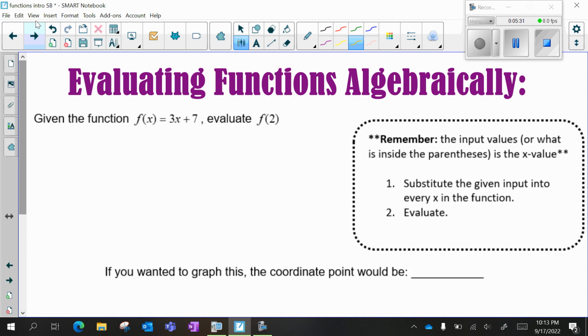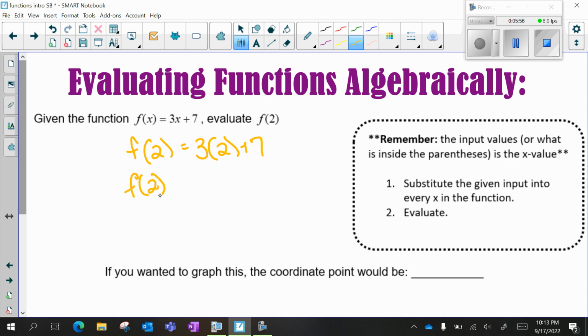So evaluating functions, we can evaluate functions multiple ways. Right now we're going to look at algebraically, so that means with math. So given the function f of x equals 3x plus 7, we're going to evaluate f of 2. So remember that 2 is my x value. So that means anywhere I see an x, I'm going to substitute a 2.